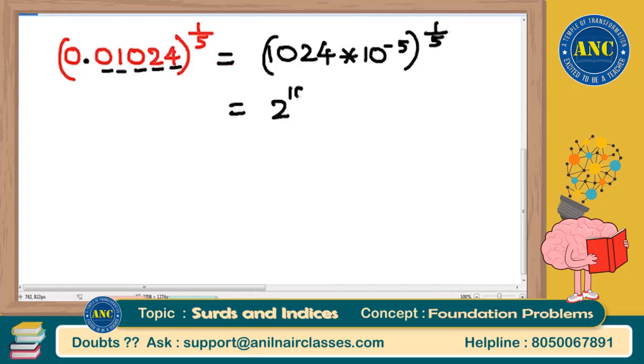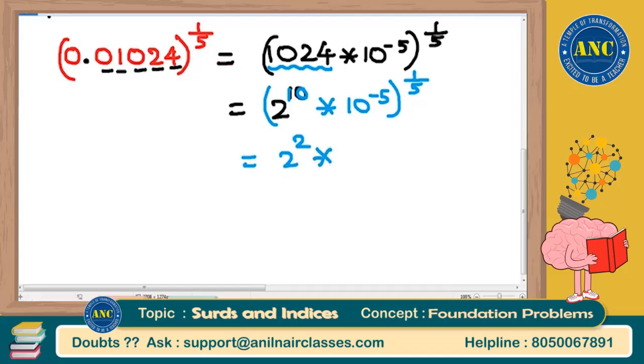1024. Just a couple of days before, I took a concept called last two digits, and I used this beautiful number 1024 there, which is nothing but 2 power 10. So, 2 power 10 into 10 power minus 5, whole power 1 by 5. 2 power 10 whole power 1 by 5 is 2 power 10 by 5, which is 2 power 2. 10 power minus 5 whole power 1 by 5 is 10 power minus 5 into 1 by 5, which is minus 1, so 10 power minus 1.